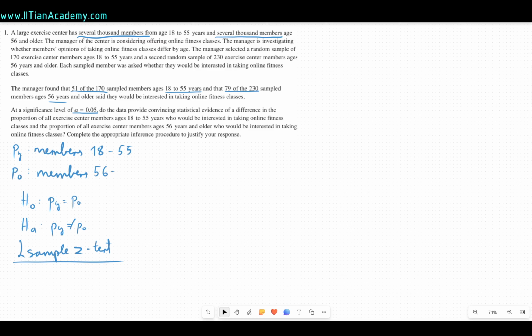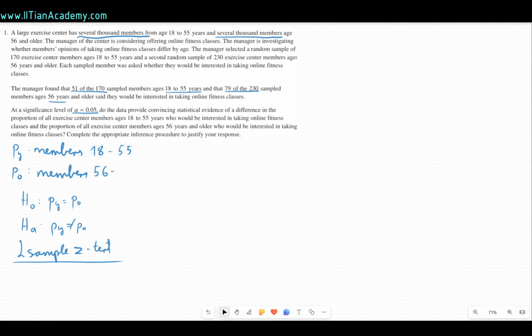We firstly have to determine whether there's a large enough sample space, like whether we can actually apply a statistical test here. However, since there are several thousand members, we can assume that these proportions are going to be correct here.